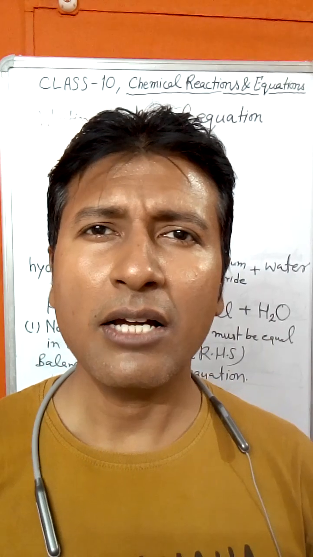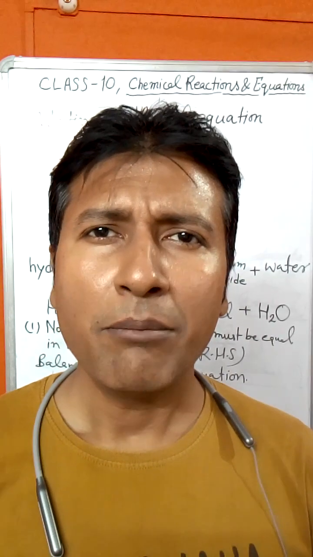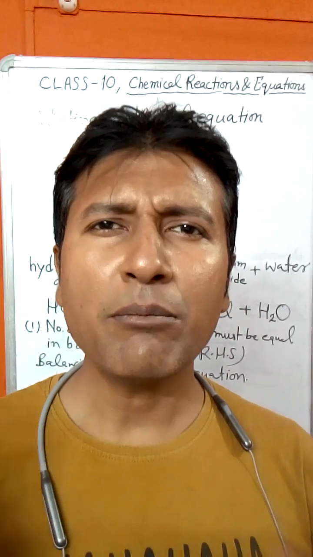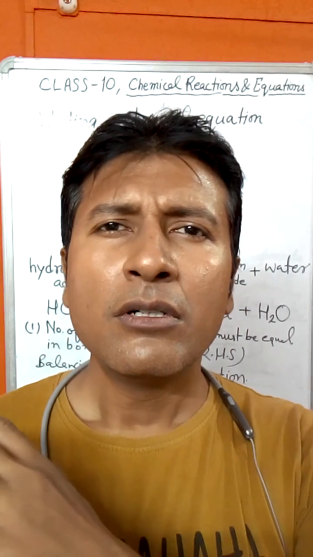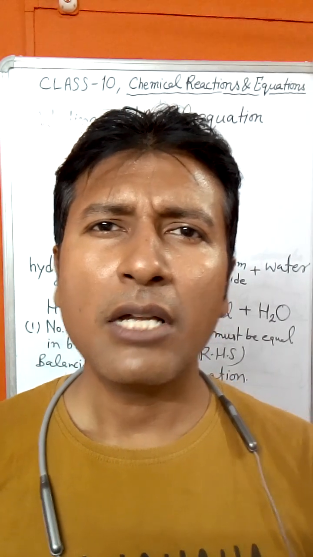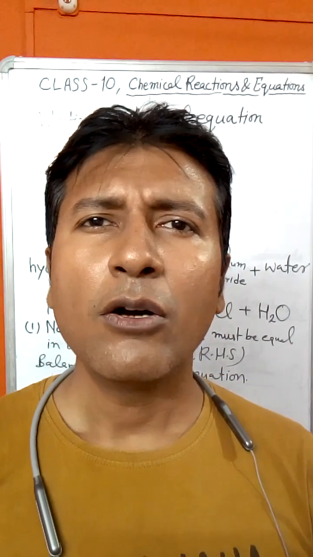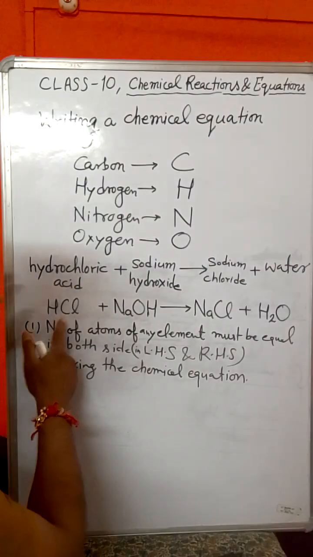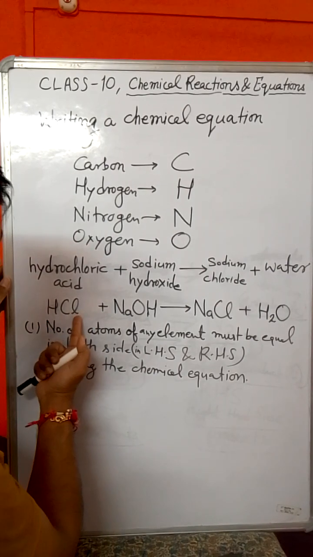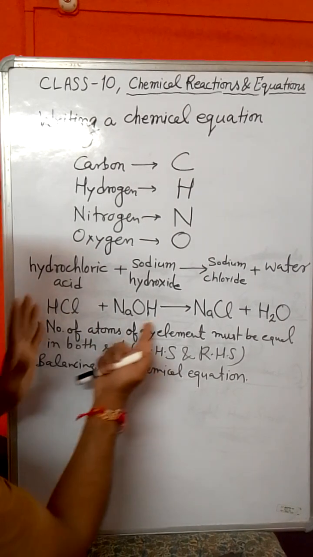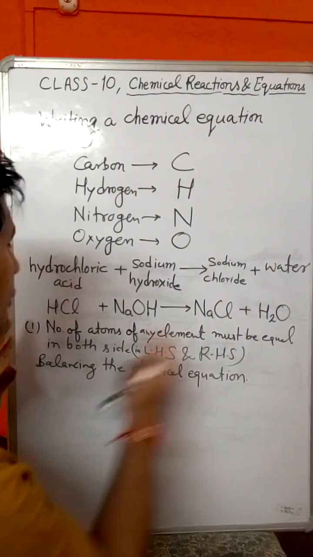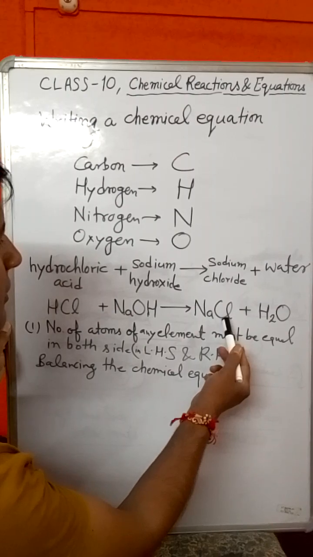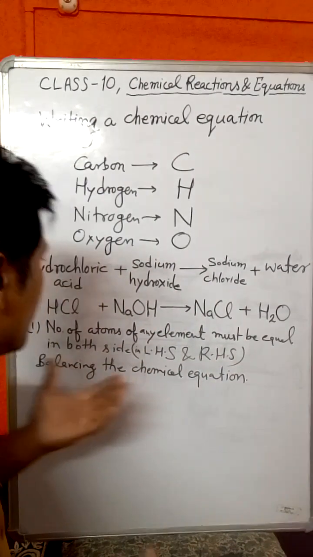Balancing means, as I have just discussed, the total number of atoms of any element on LHS and RHS must be equal, right? For example, here, let's see how many chlorines are there in LHS and RHS both. In LHS we see one chlorine, and in RHS we see one chlorine. So it is automatically balanced, right?